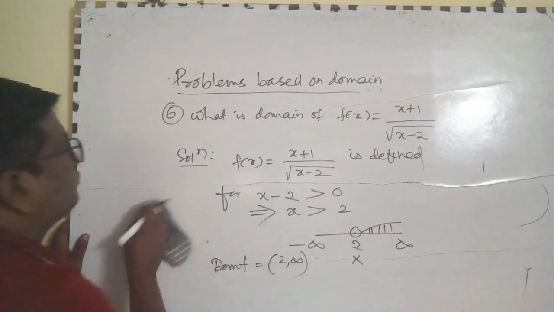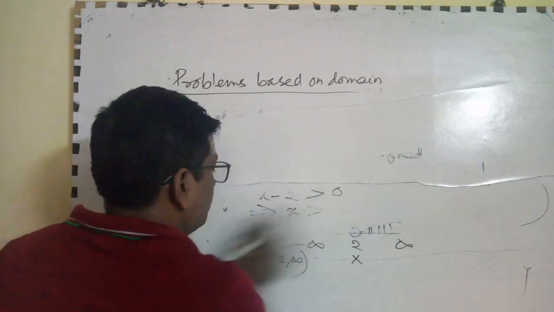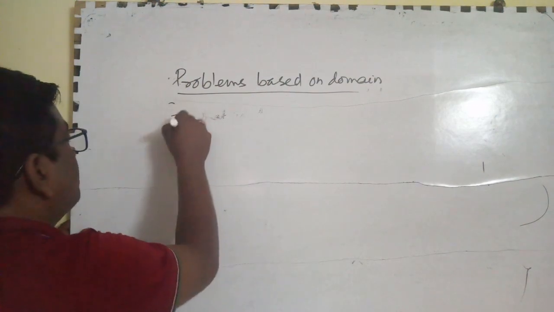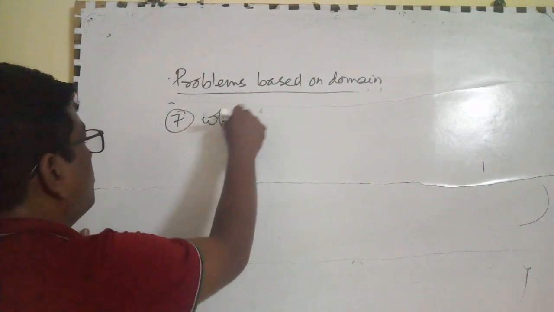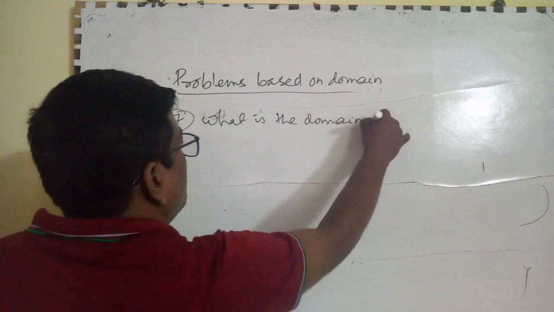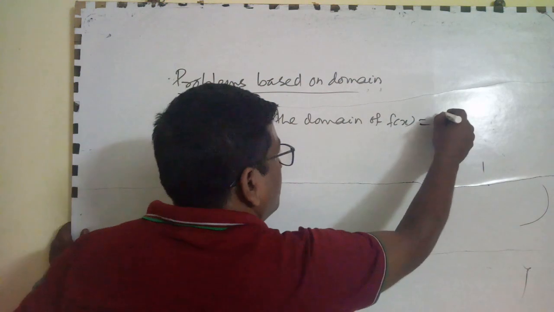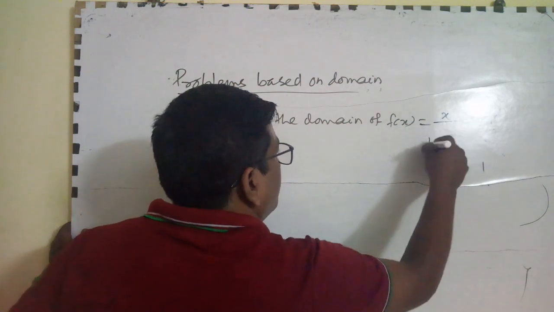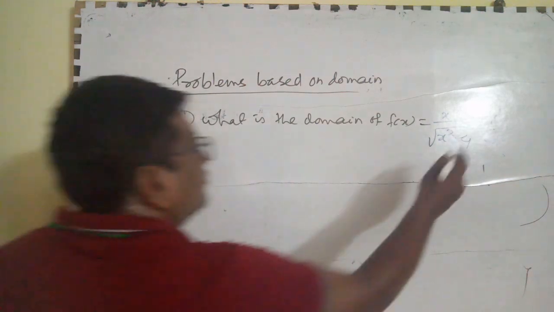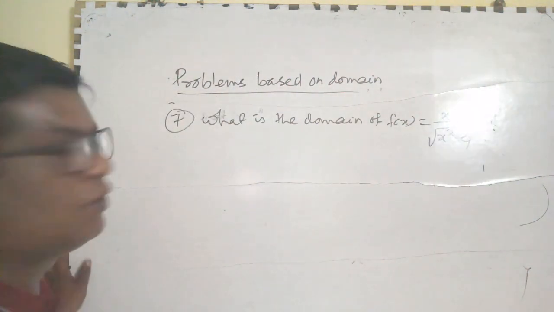Question number 7. What is the domain of f of x is equal to x by root over x square minus 4?